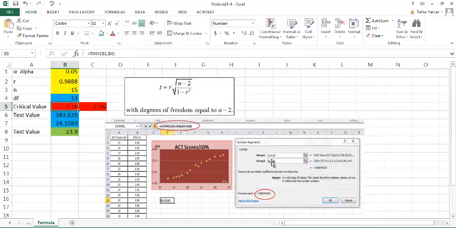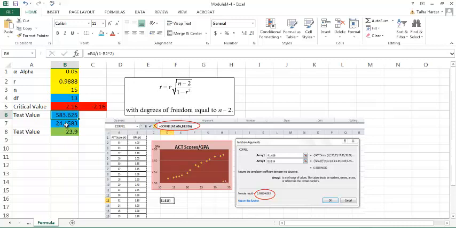After this, let's find the test value. If you look at the formula, B4, which is n minus 2, is divided by 1 minus r squared, that is 1 minus B2. B2 is r, so B2 squared is r squared.